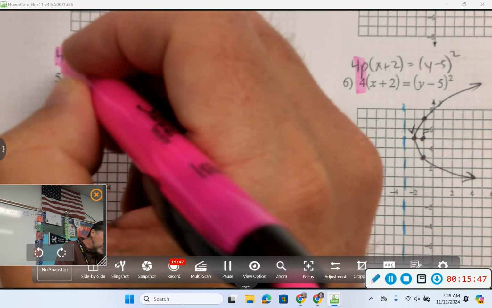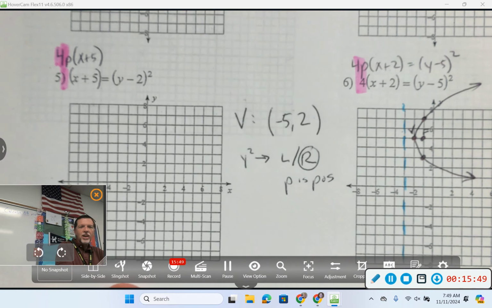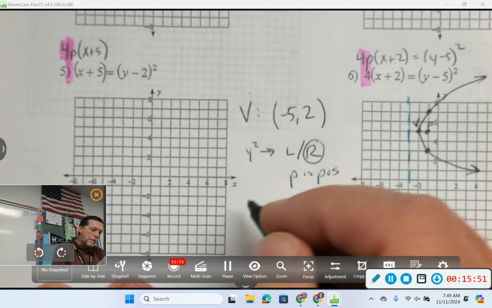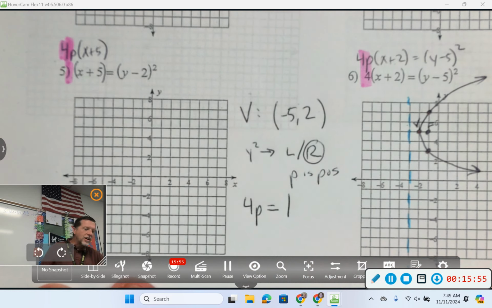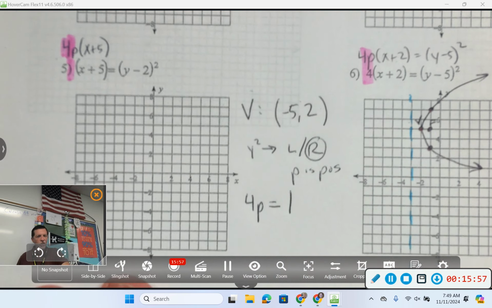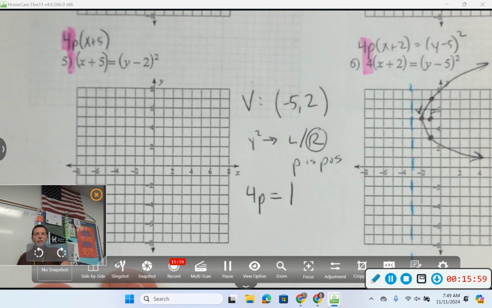Again, for a while you're going to write this out, and that's okay. Wait, we always said it equals 4p? 4p is the constant in front of the non-squared term. So it's just always there.